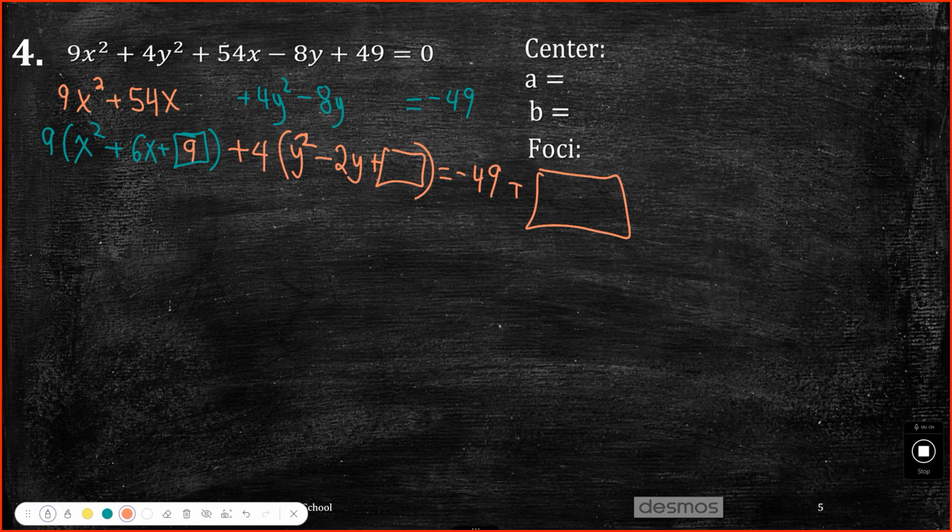What goes in the second box here? Do it in your head. 2, it's going to be positive. 2 divided by 2 is what? 1. 1 squared is what?